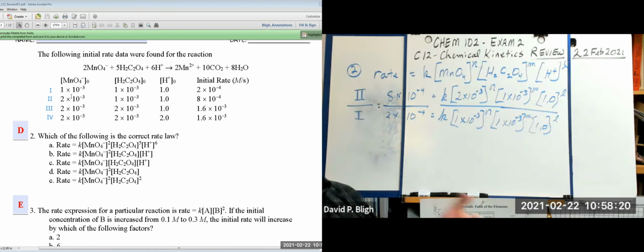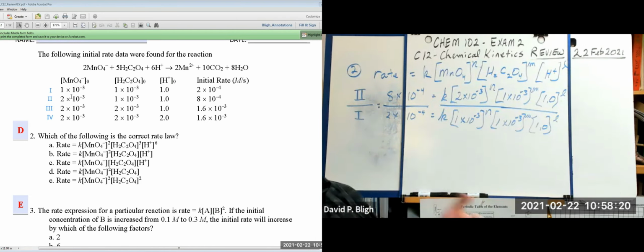Now we want to bring down these values. So that's correct, only it's a different exponent. Now it needs to be m. So that would be 2 to the m power.